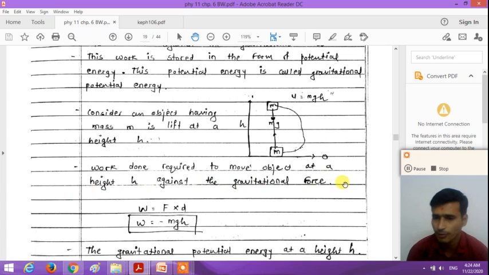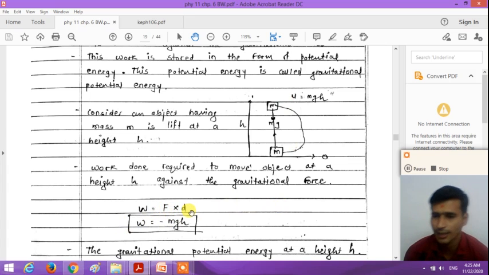What is the formula of the work done? W is equal to force into displacement. Here the force and the displacement are in opposite directions, because the gravitational force is downward and the displacement is upward. So the work done is FD cos 180, that is minus FD.